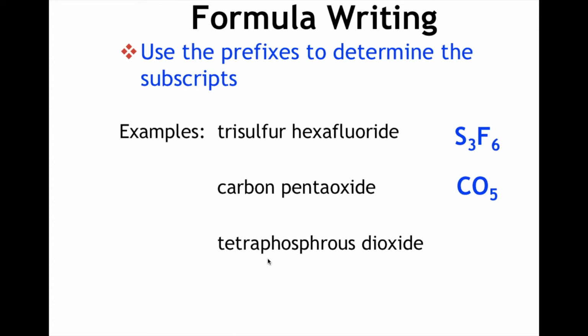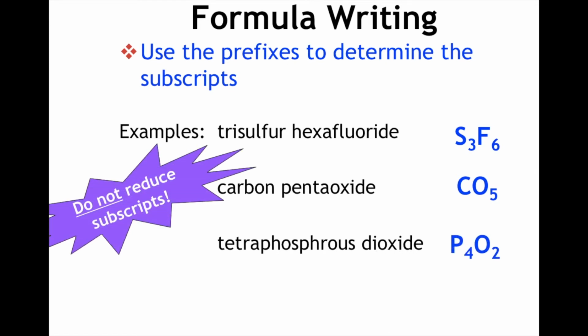Make sure you spell these right, because if you don't spell it right, I do count off. They're only like 4 or 5 letters each word, some of them only 3 or 2. So tetraphosphorus, there's 4 phosphorus and there's dioxide, so 2 oxygens. So 4 phosphorus and 2 oxygens.